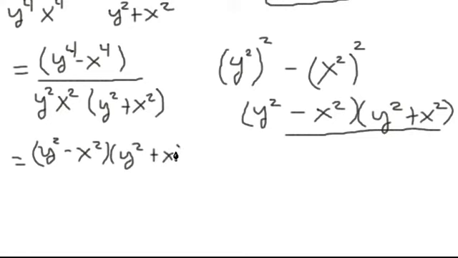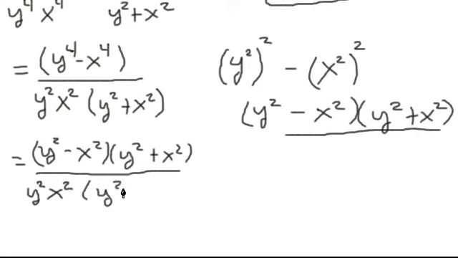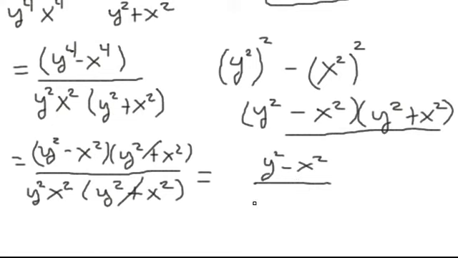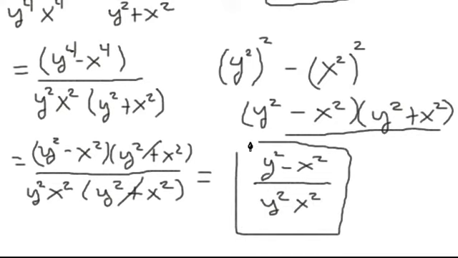y squared plus x squared over y squared x squared times y squared plus x squared, and of course you see we can cancel those out, and we're going to end up being left with y squared minus x squared over y squared x squared as our final.